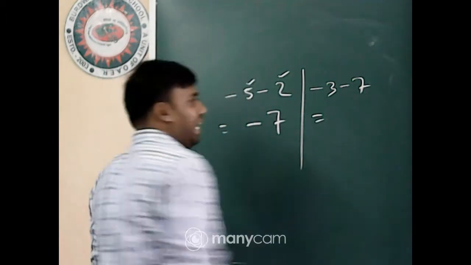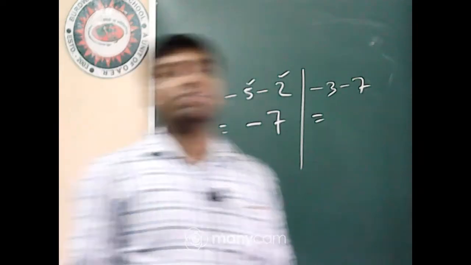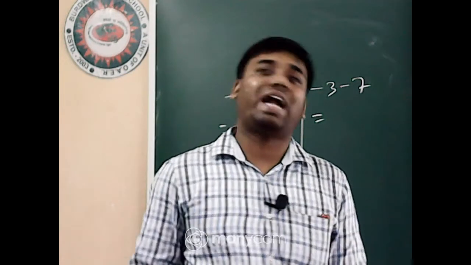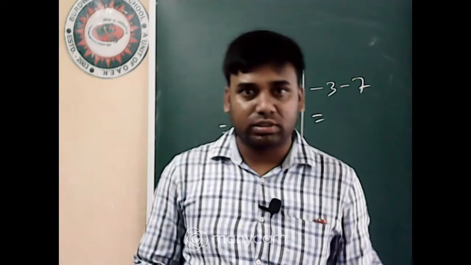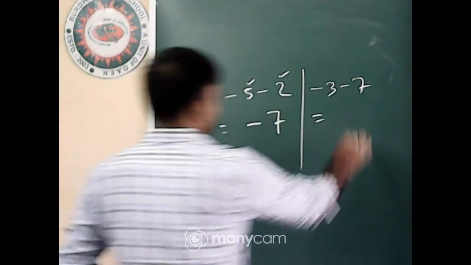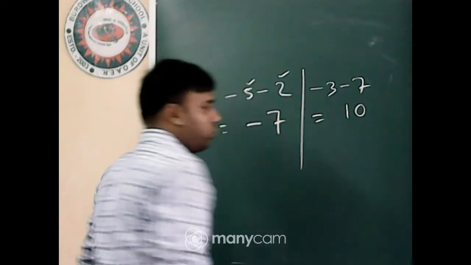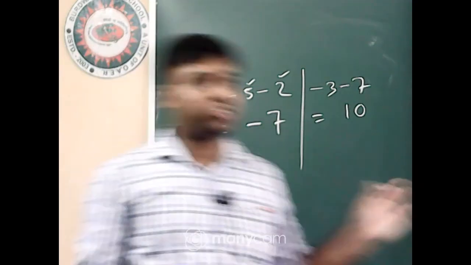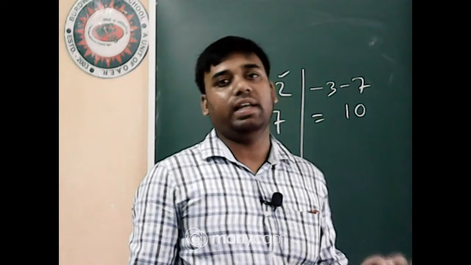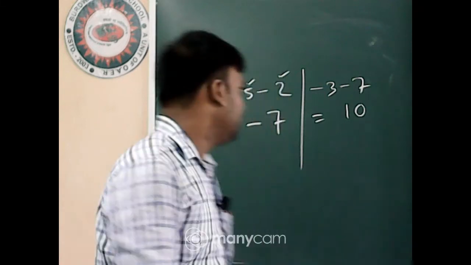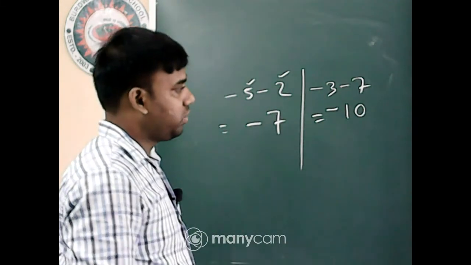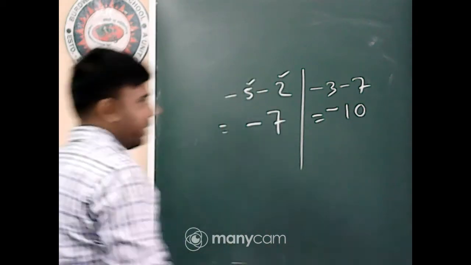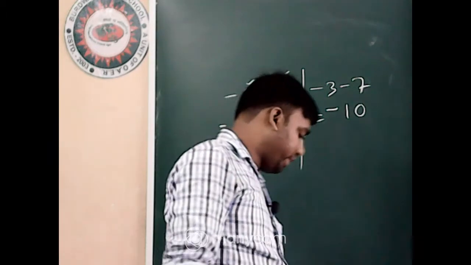First of all, 3 and 7 are given in the same sign. Same sign means we add. Adding 3 and 7 we get 10. What will be the sign? Minus or plus? Both the numbers 3 and 7 are given in minus sign. So it will be minus 10. Okay. Next. Very good. Well done.